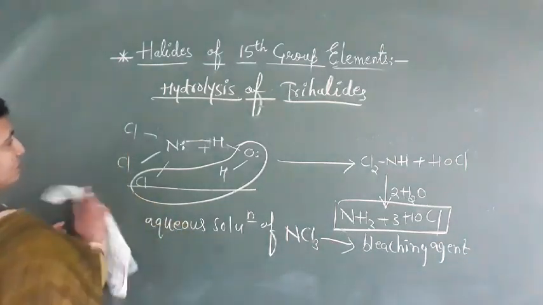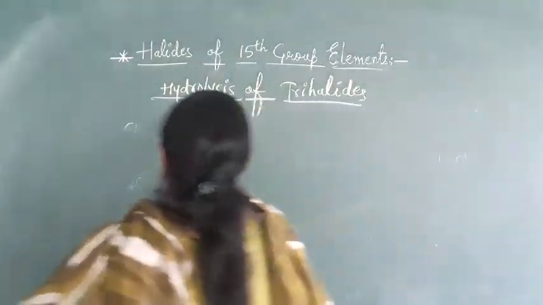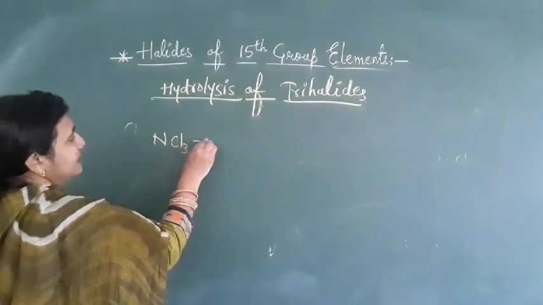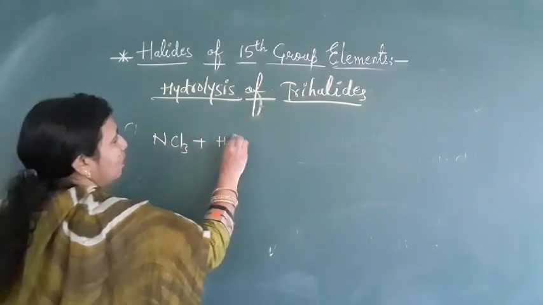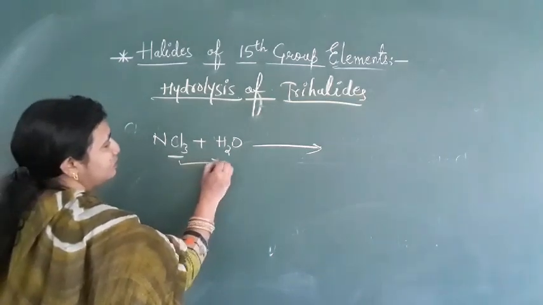So with NCl3 we are getting ammonia. This is very important. NCl3 plus H2O: you have to replace this chlorine with hydrogen.